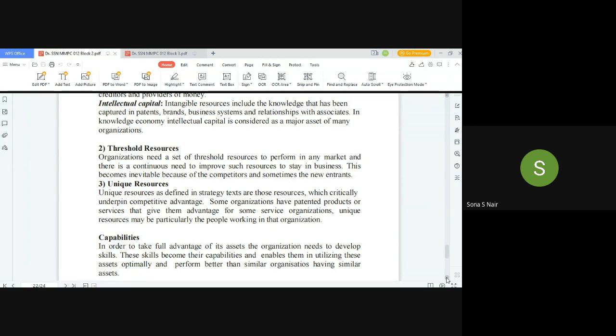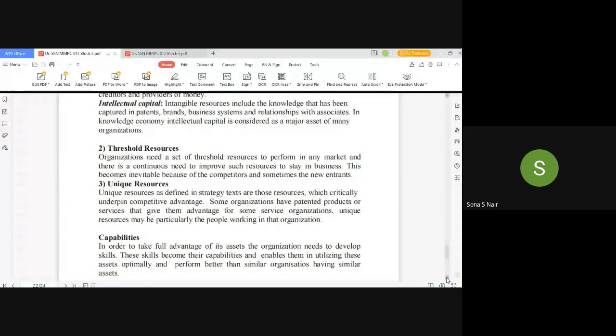This is a complex kind of sentence, but what it means is an organization may have a lot of resources, but not the capability to use those resources. Sometimes people are there in the organization, and the organization does not have the ability to utilize them properly so that their time is not wasted.